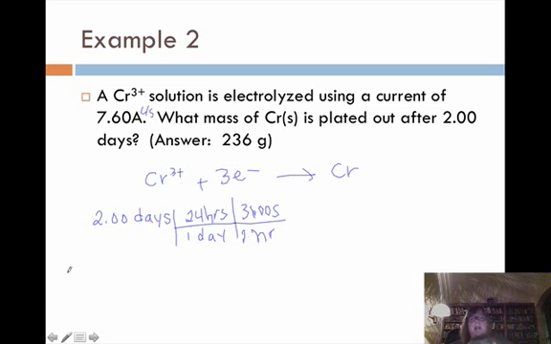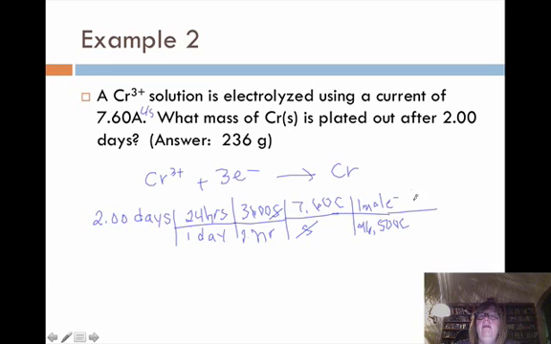All right, so we know we have 7.6 amps, which is 7.60 coulombs per second. These seconds have canceled. And now we've got coulombs, and we know that a mole of electrons is 96,500 coulombs.